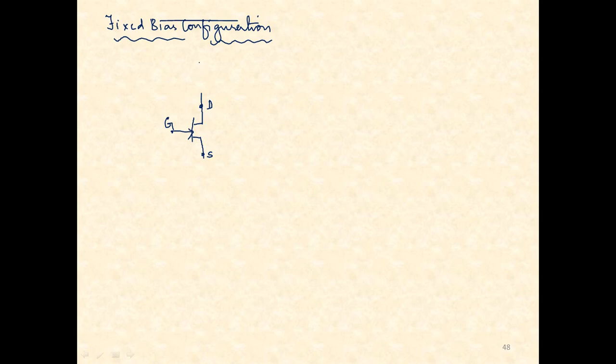To this particular JFET, let us add some network as per the fixed bias configuration. That is the resistor at the drain, which is called RD, and we are applying the power port at this particular point. Let us call it VDD. It is the voltage being applied at the drain end. Now near the gate, let me add a resistor which is called RG, the gate resistance.